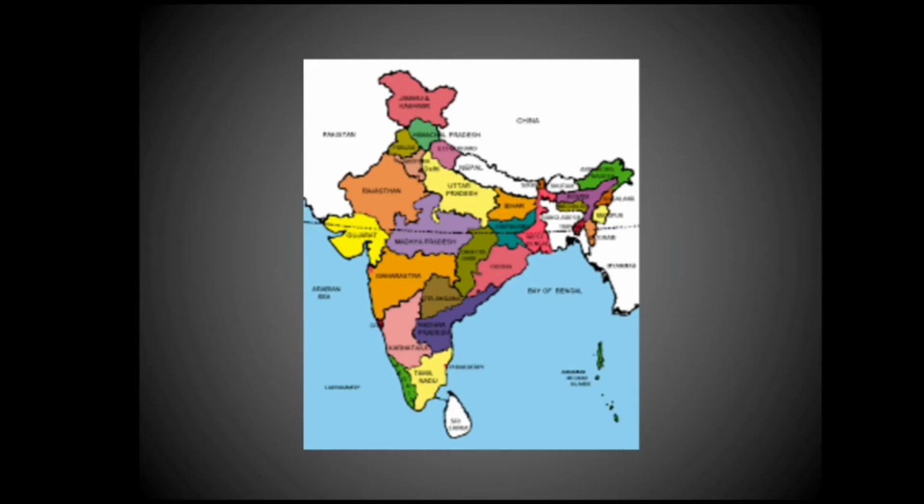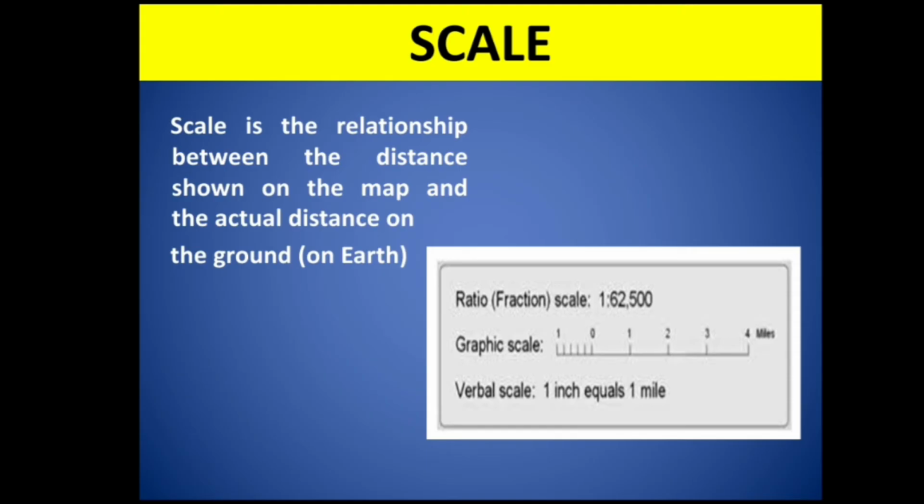Like on this map, the top is north direction, the bottom is south direction, left is east direction, and the right is west direction. So in this way, all these four directions are shown on the map, and according to that we can understand the map.